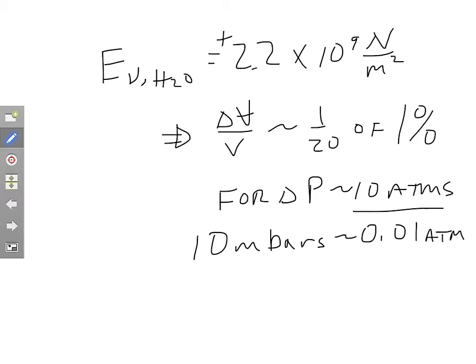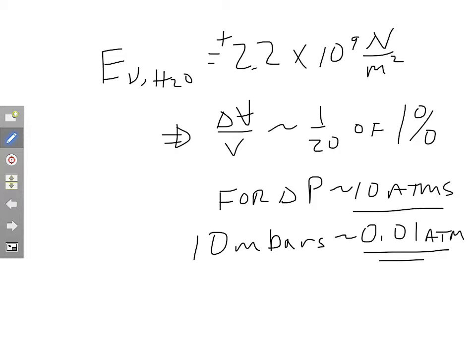And so 10 atmospheres is 1,000 times this. So for a pressure change of 1,000 times what's occurring kind of on a weekly basis in Moscow or Pullman, we see that we have only 1/20th of a percent of change. So this is just very, very small.